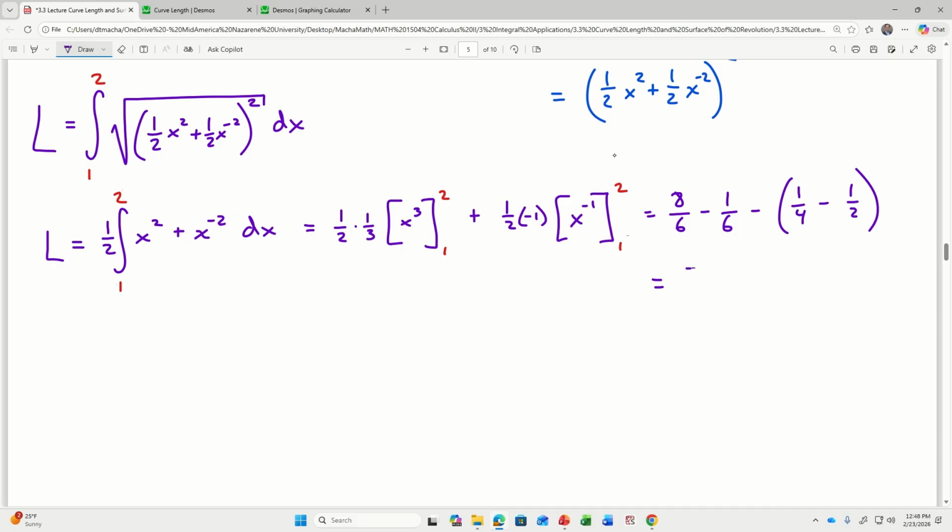So 8/6 minus 1/6, 7/6 minus a fourth minus a half is negative fourth. Two negatives make a positive. And the common denominator is going to be 12. So I will have 14/12 plus 3/12, which is 17/12 as my length.